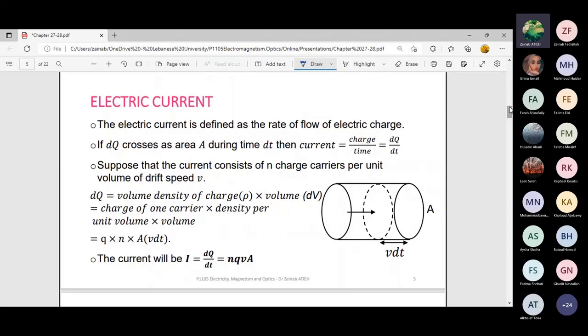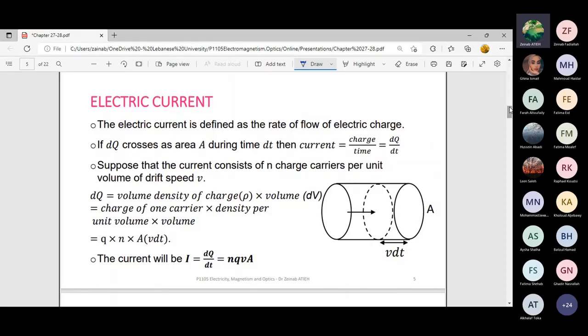The current is defined as the rate of flow of charge, or flow of charge per unit time. If I have a wire, how many coulombs are crossing my area in 1 second. This is the definition of current. If I have a current of 1 ampere, that means 1 coulomb of charge is crossing my wire in 1 second. This is the definition of current.